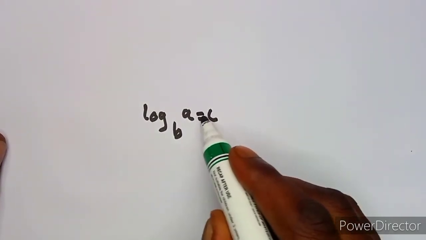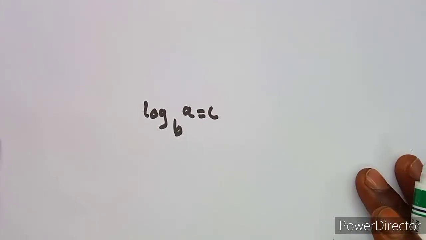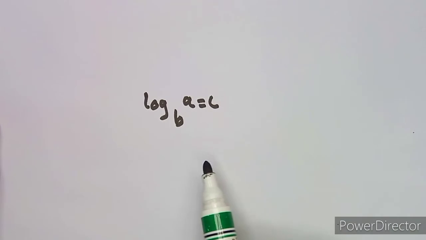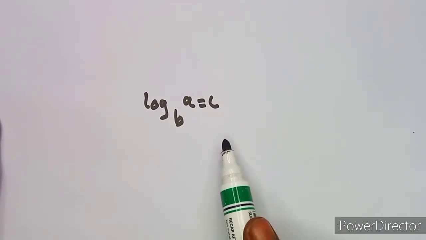We said let's say we are given log a base b, which is equal to c. This is actually a logarithmic equation because we are given something in log form. What you are supposed to do in this case is to rewrite this in exponential form, because we know that we can solve equations in exponential form.